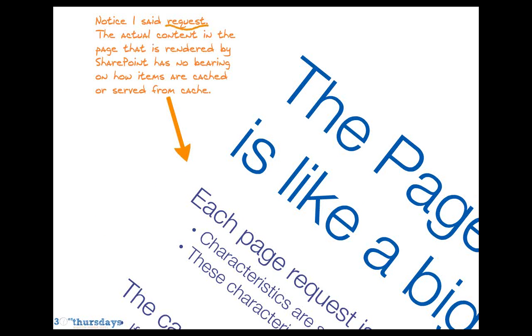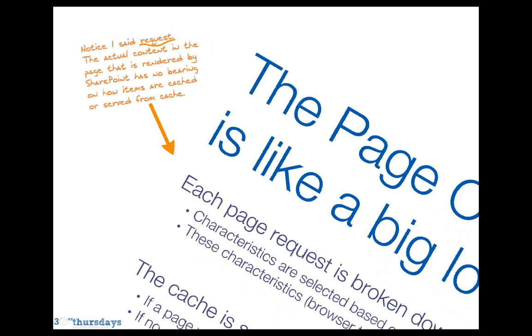Now notice I said this is based on the request. It makes no difference what actually gets rendered into the page that the user requested. The caching mechanism is driven off the request itself and characteristics that are available within that request.